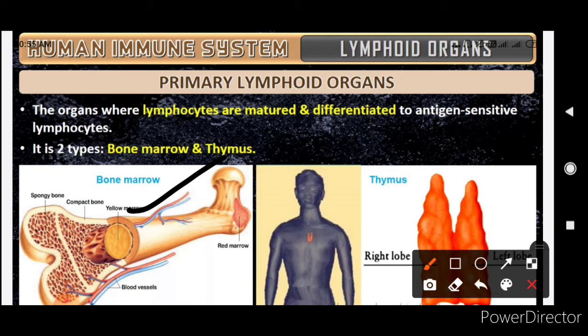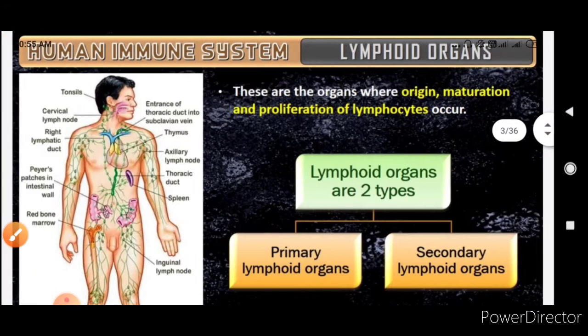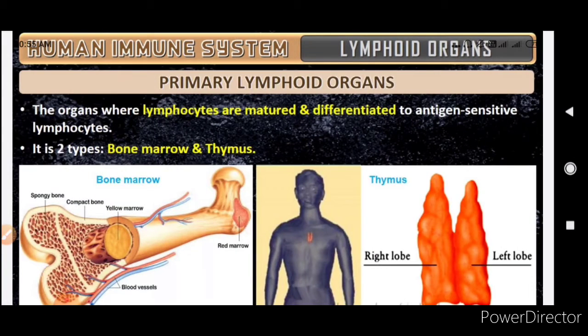See, this is the bone marrow and this is the thymus. In lymphoid organs we are studying two types, the primary lymphoid organs and the secondary lymphoid organs. The primary ones, where maturation and differentiation of lymphocytes into antigen sensitive lymphocytes occur, are the bone marrow and thymus.